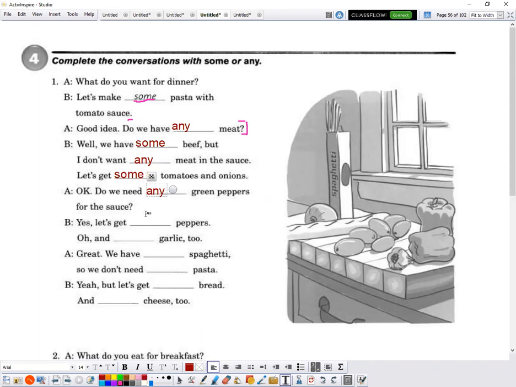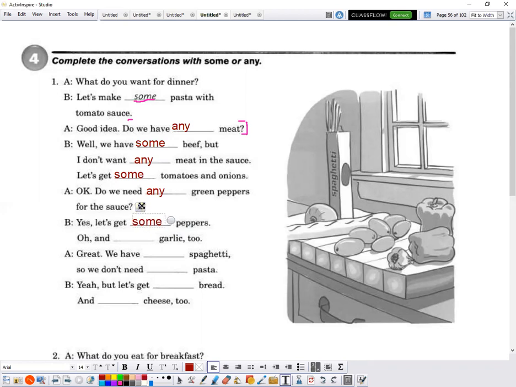We mean green peppers for the sauce. Yeah, let's get peppers. So some, because affirmative, as Amr said.